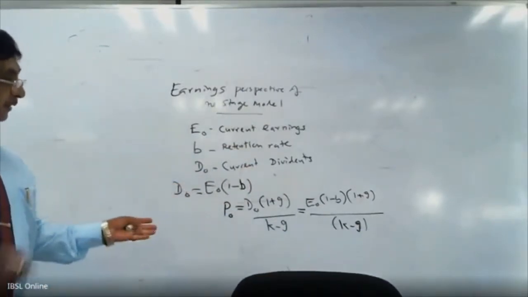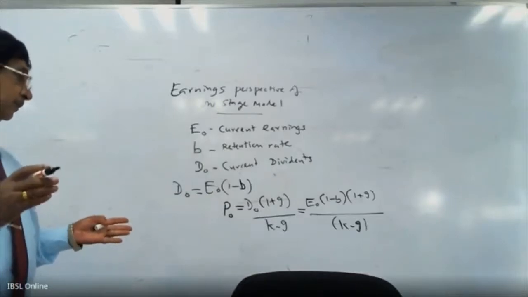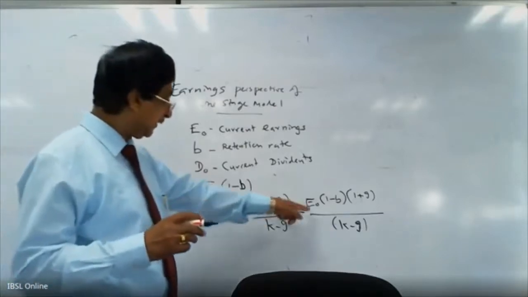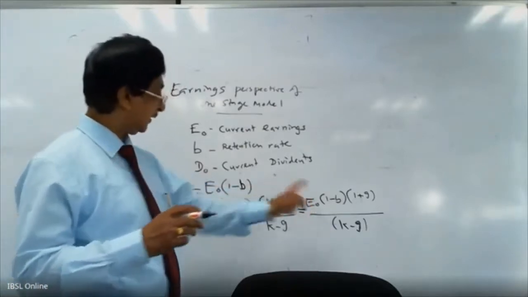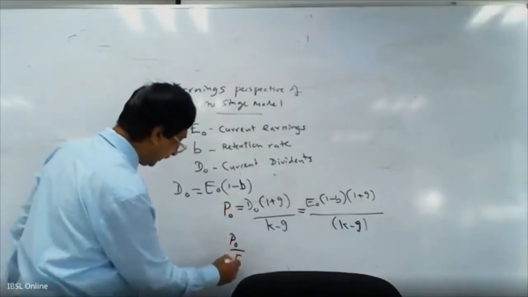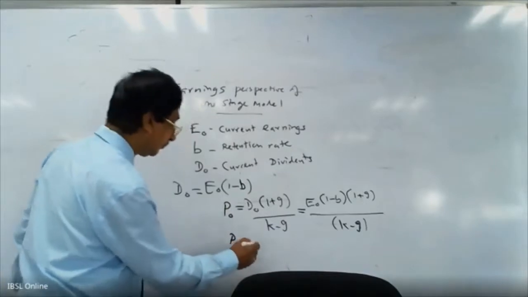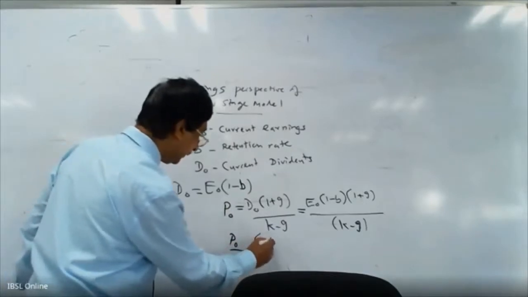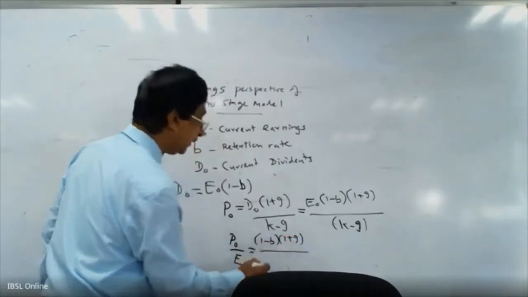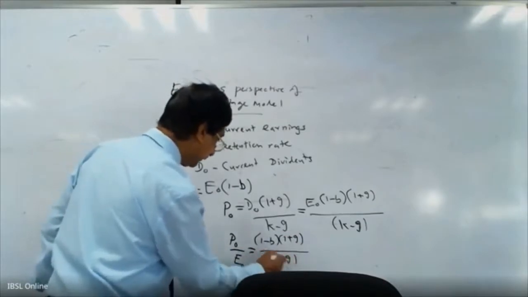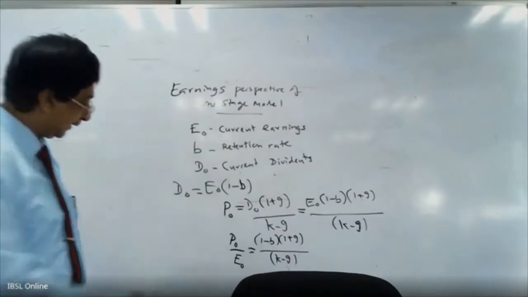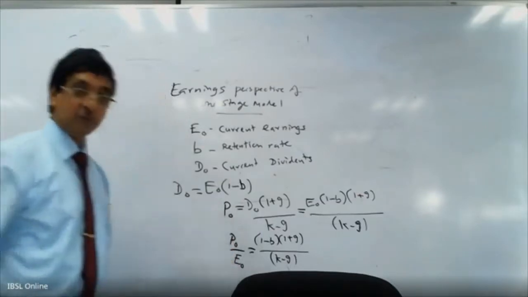Now we can get a good expression for the PE ratio. E0 is here. You can rearrange this equation to read as P0 divided by E0 is equal to 1 minus B into 1 plus G divided by K minus G. So this is the PE ratio.